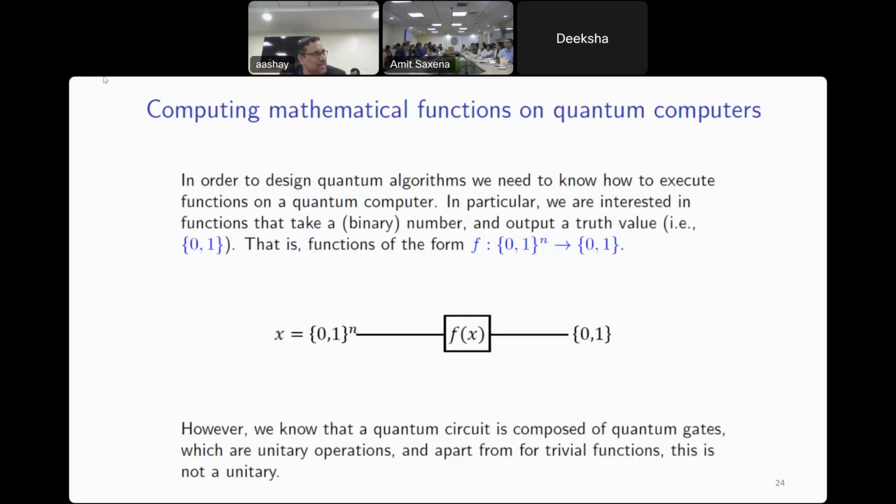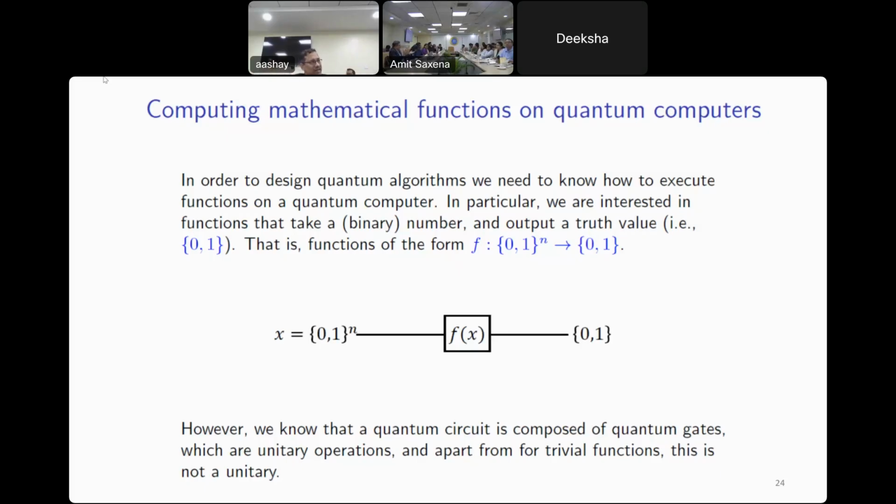You can use it for some query problem, but this is a very simple problem where, given a string of bits, which are encoded in 0 and 1, you have to tell whether the function is balanced or constant.